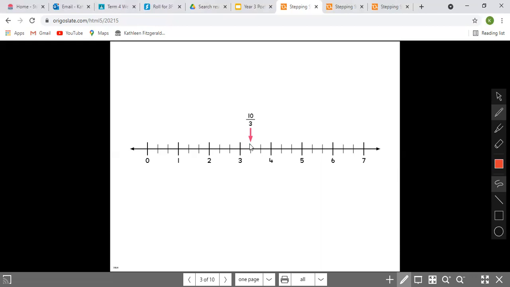Okay, how would we write that as a mixed numeral? Well, the whole number, the last whole number that we counted was a 3. And we have got 1/3 left over. 3 and 1/3.